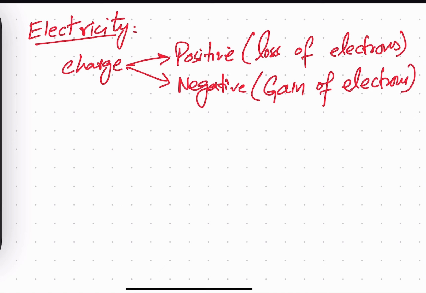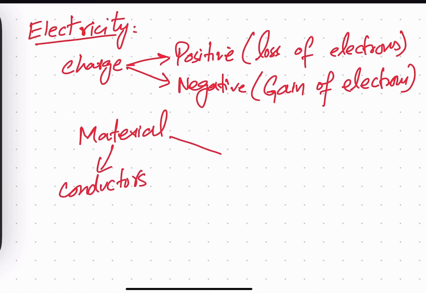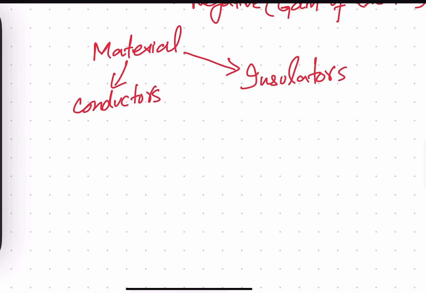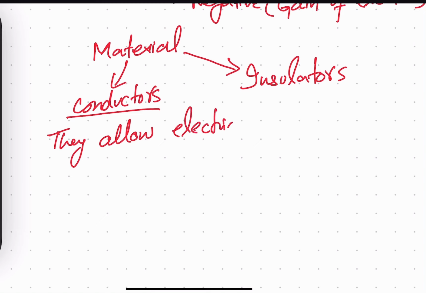Okay, so there are two types of materials. One type is called conductors and the second type is called insulators. Conductors are materials that allow electricity to pass through.